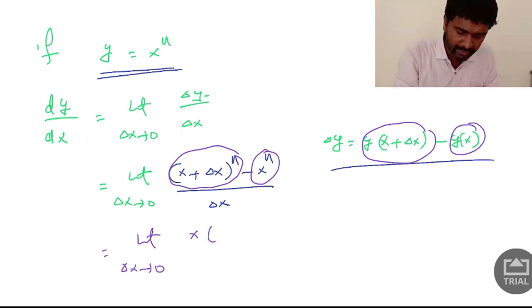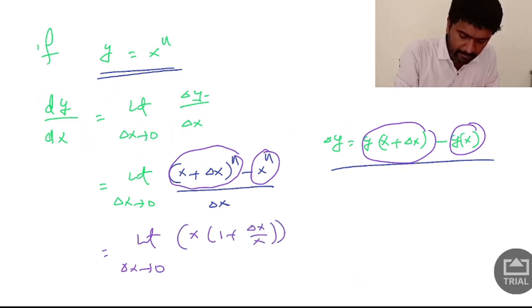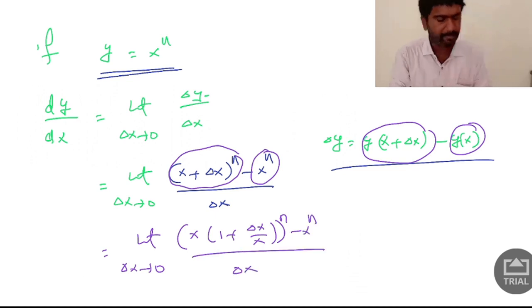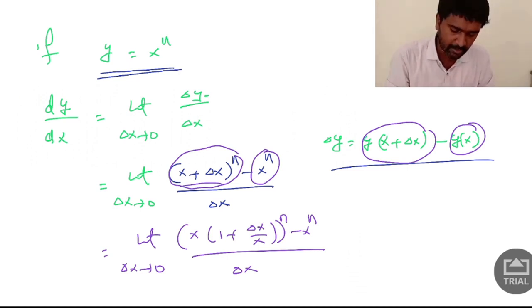If I take x common in this, I get 1 plus delta x by x whole power n, minus x power n, by delta x. In x plus delta x whole power n, I am taking x common, then I get 1 plus delta x by x whole power n.